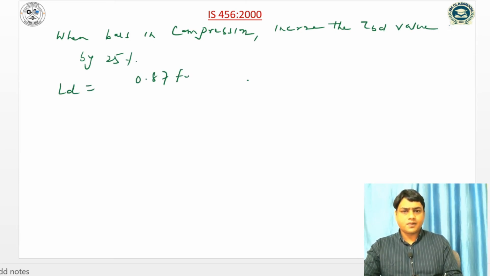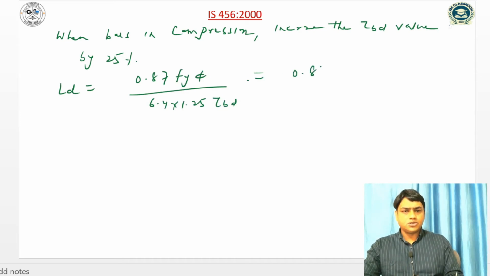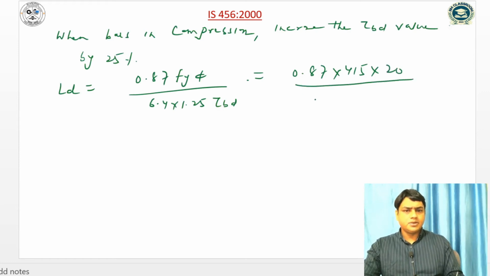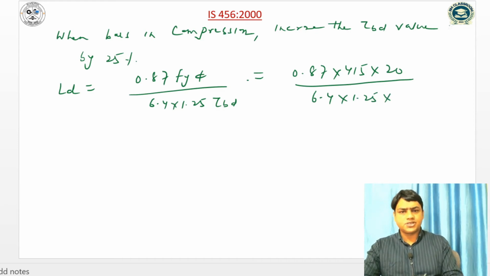So the LD is 0.87 Fy phi by 6.4 into 1.25 tau BD. So if I put the values, 0.87 into 415 into the diameter, which is 20 mm, divided by 6.4 into 1.25 into the bond stress, 1.4 Newton per mm square.